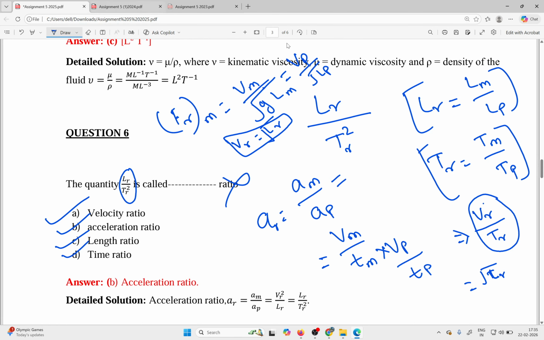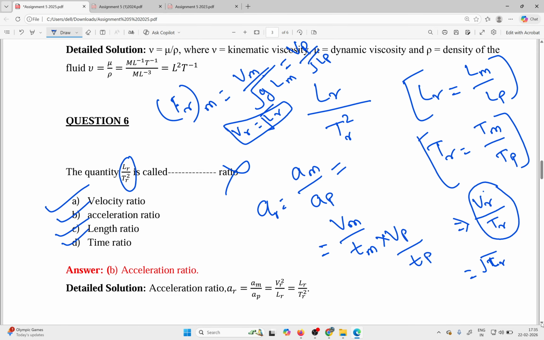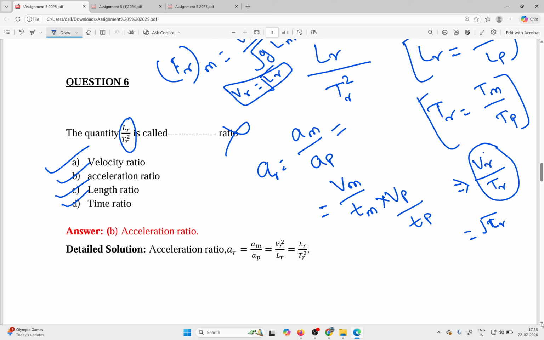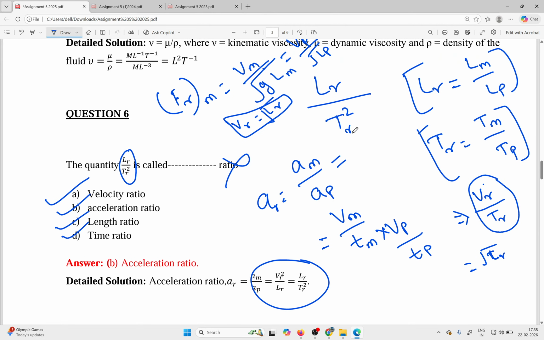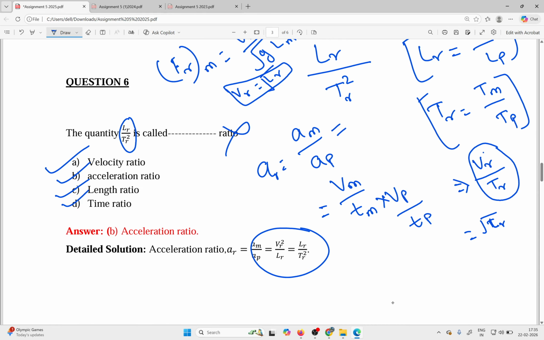So for the time also we can calculate like that. So this is another way. For the time how we will write, let me just see, because here it is written very directly, so that is very difficult to understand. So let me just go through one by one. Vm divided by root Lm, Vp divided by root Lp.